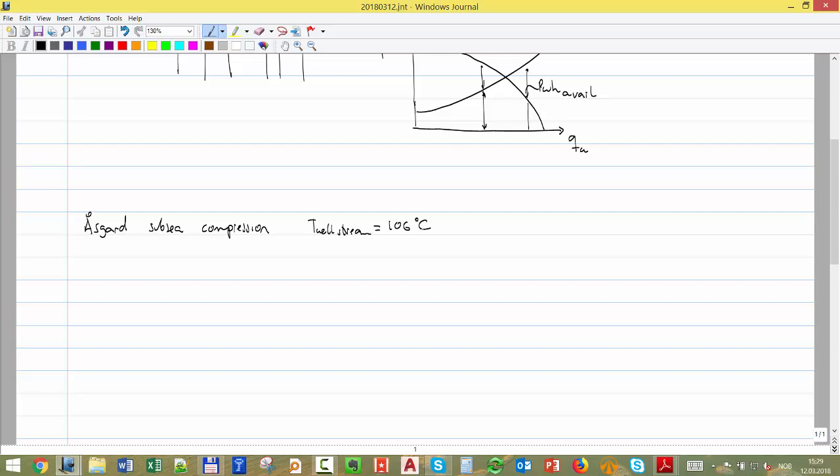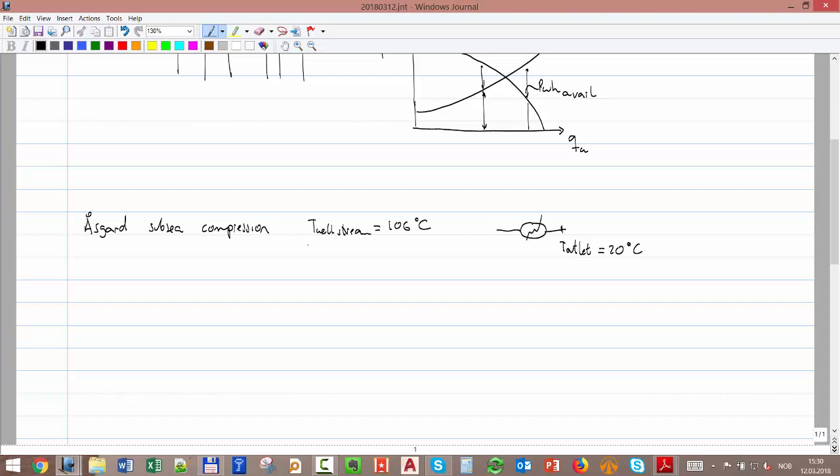That's how hot the fluid comes at the wellhead. Then we have a cooler, right? And then we have fluid leaving the cooler. It says that the minimum temperature the cooler can achieve at the outlet is 20 degrees Celsius.